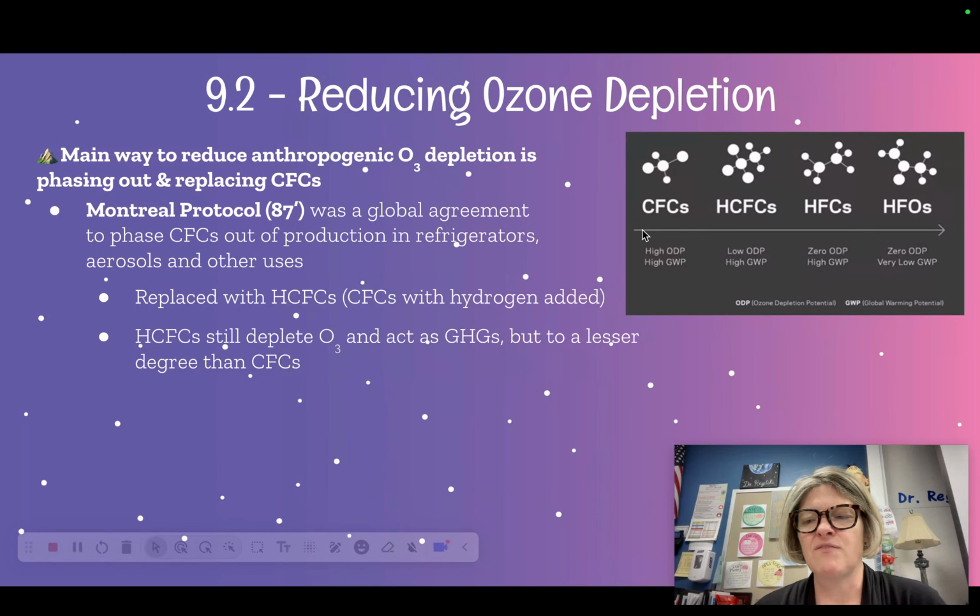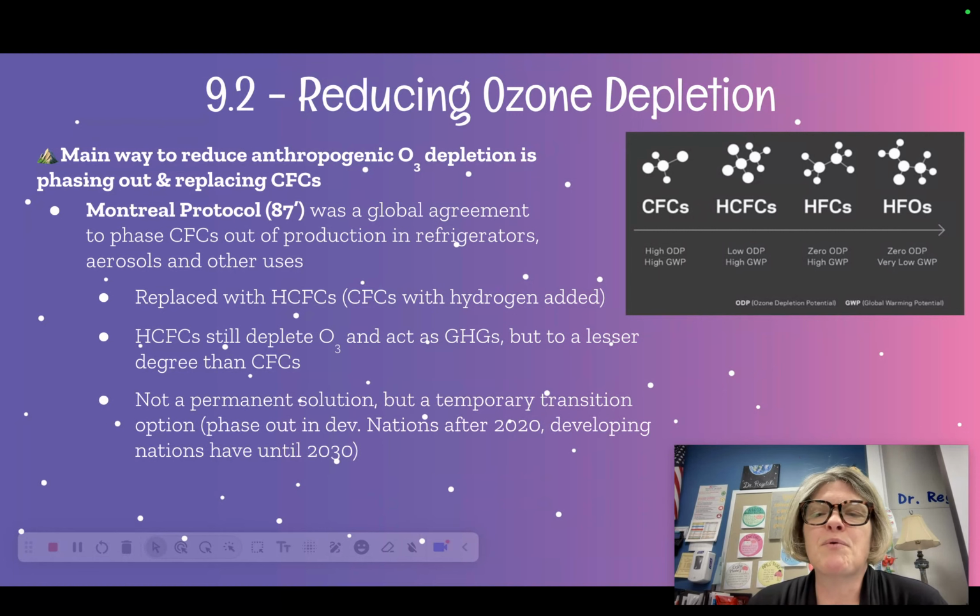So CFCs are just bad for both events occurring in our environment. HCFCs, however, have a low ozone depletion potential, so that's good for the ozone layer, but they still have a high global warming potential, and that's not so good. So they're better, but it's kind of like the lesser of the two evils here. So it's not a permanent solution, but it is a stage in the transition away from using CFCs.